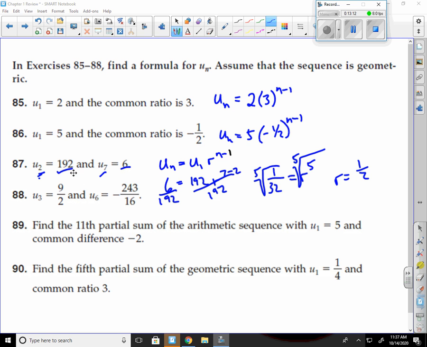which means I'm going down by half each time, which means to go back to my u sub 1, I need to multiply by 2. 192 times 2 is 384.